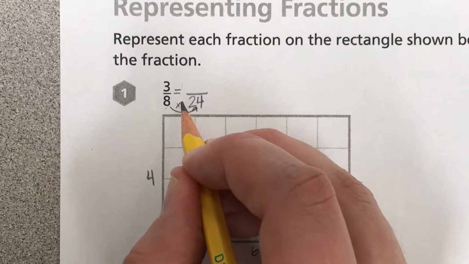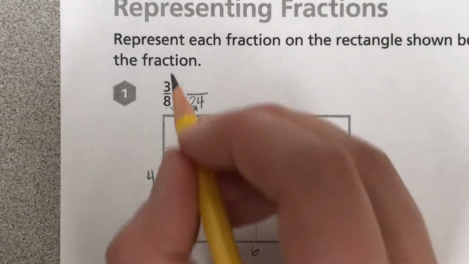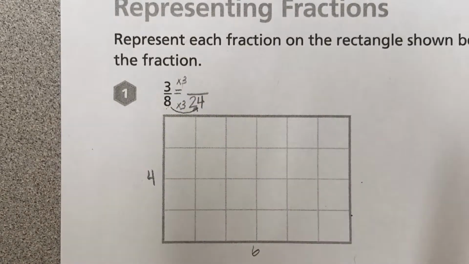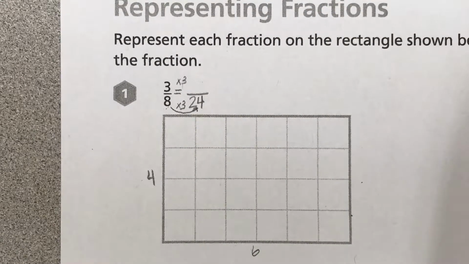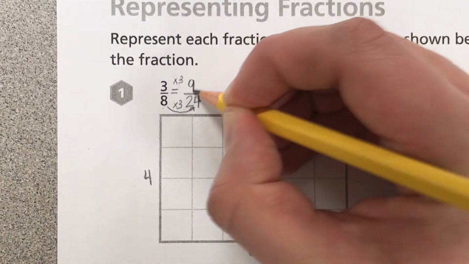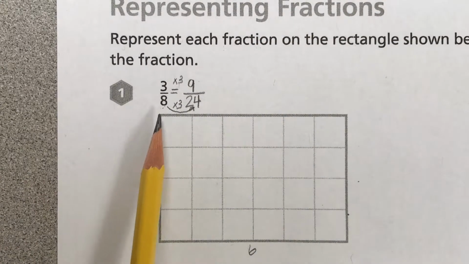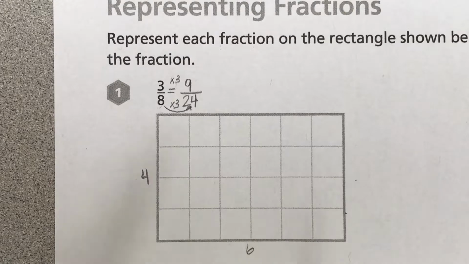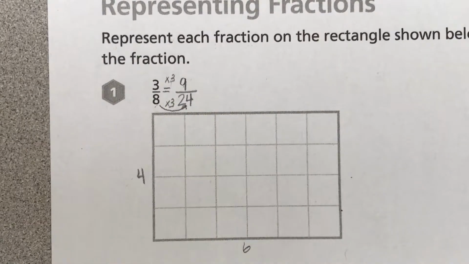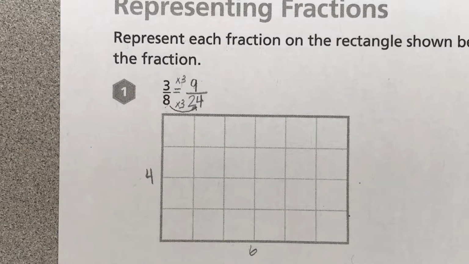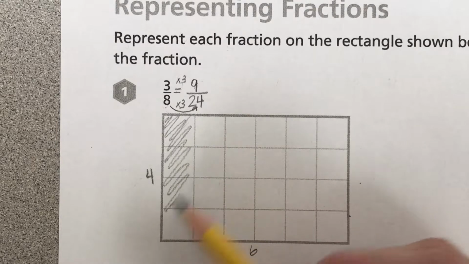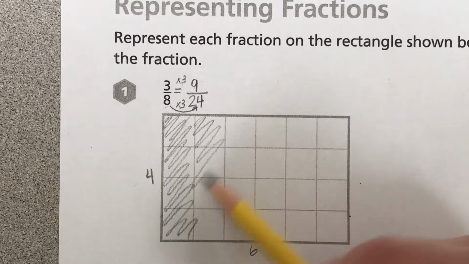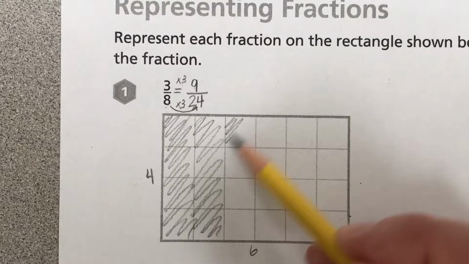Well, I know that 8 times 3 gives me 24, so all I have to do is multiply 3 on the top in order to get that equivalent fraction. So 3 times 3 is 9. So in order to represent 3/8 on this rectangle, I have to shade in 9 of the 24 squares. Okay, so I'm just going to go ahead and shade: 1, 2, 3, 4, ... 8, 9.